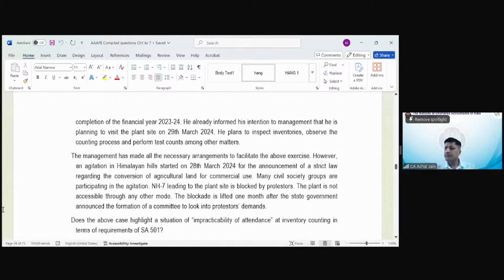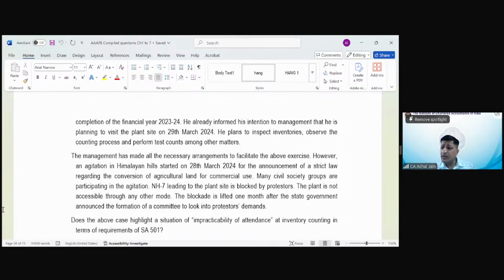Then only will we be very sure that the particular inventory item is there or not. So it is important to verify it. The physical count at any cost has to be carried out even after 1 month or 2 months. It's not a matter. We have to complete that procedure.